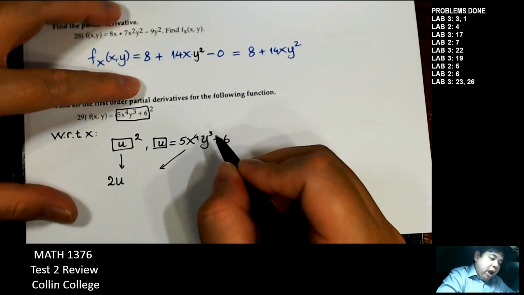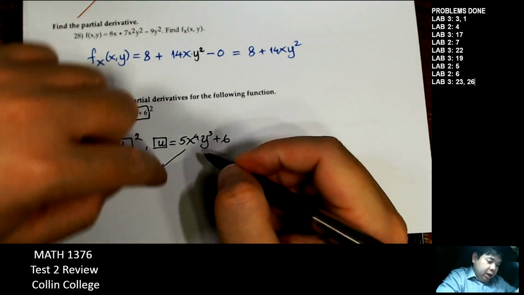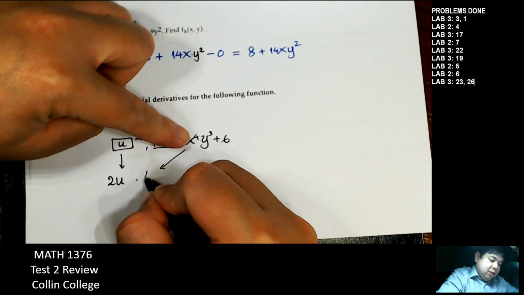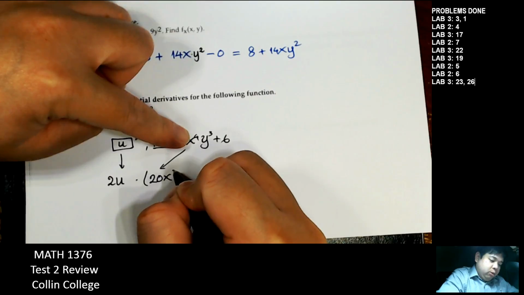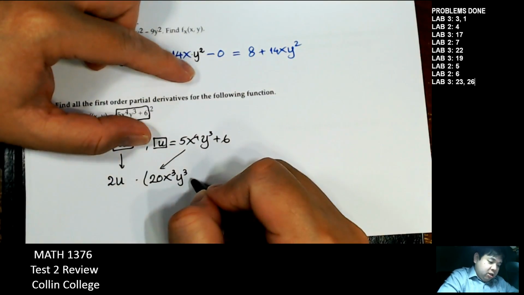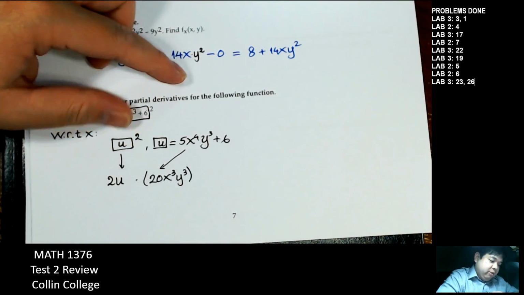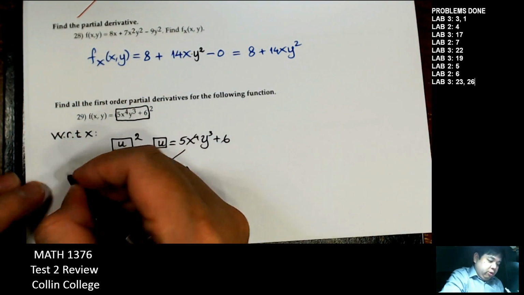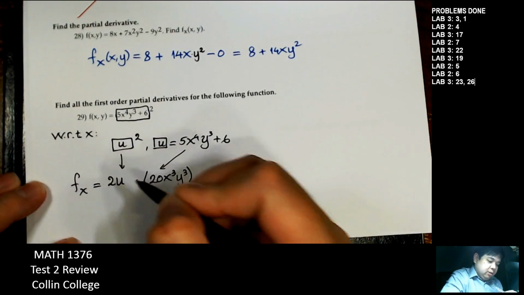Derivative of this with respect to x will be 20x cubed y cubed. 6 is the constant, derivative is 0, so we have that. So that is derivative with respect to x.